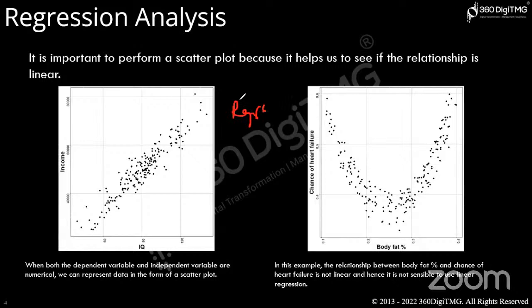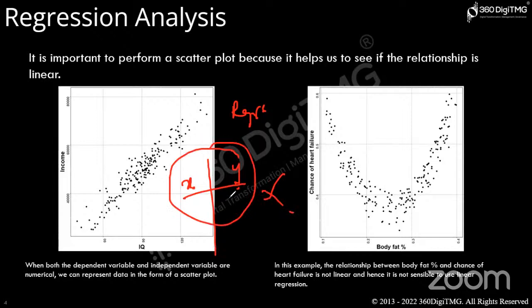Because if you don't have any correlation between X, that is input, and output, and both are independent of each other, we don't need to go for regression at all. Whatever input changes you make, it should reflect on the output. That is the reason we use it.